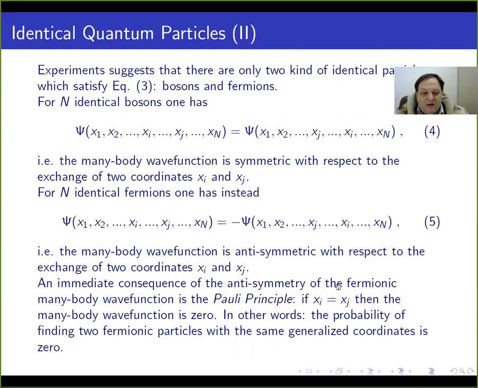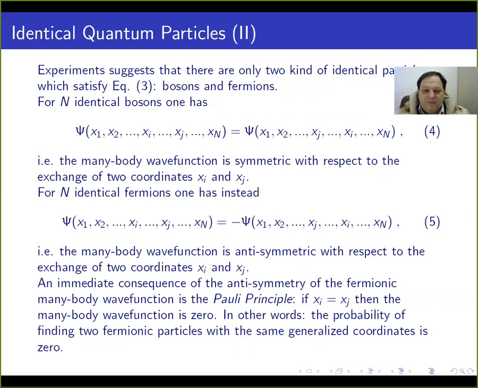So one finds the Pauli exclusion principle, namely the many-body wave function must be 0. So if you have two fermionic particles with the same generalized coordinate, the wave function is 0. So this means that the probability of finding two fermionic particles with exactly the same generalized coordinates is 0.